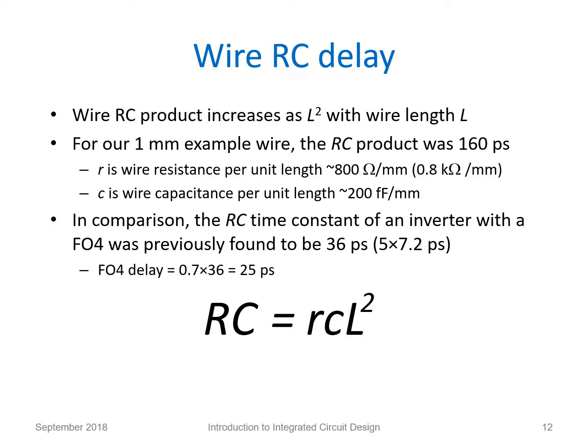In comparison to these 160 picoseconds, we can say that the RC time constant of an inverter with a fan out of 4 was previously found to be 36 picoseconds, corresponding to a fan out of 4 delay of 25 picoseconds.